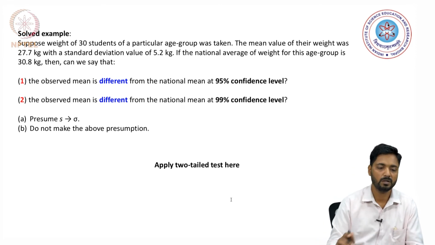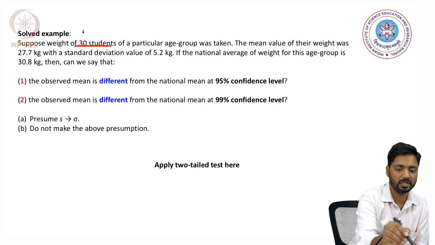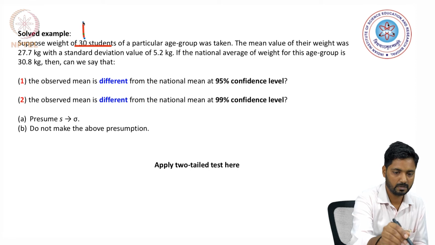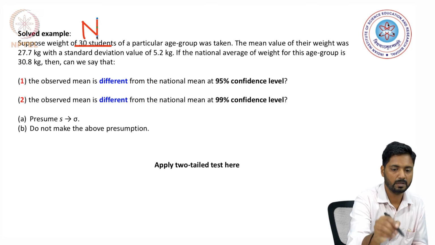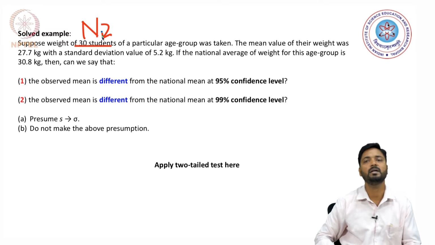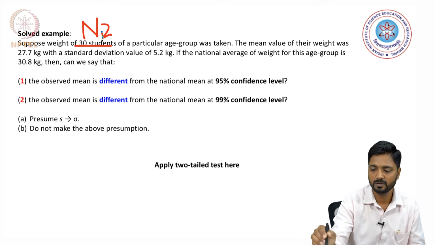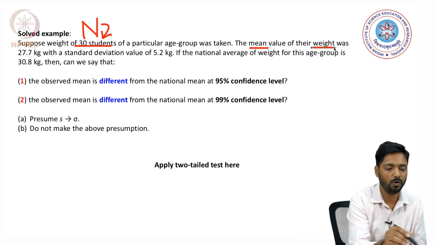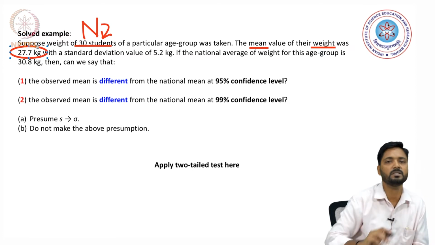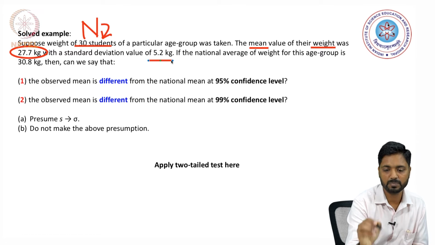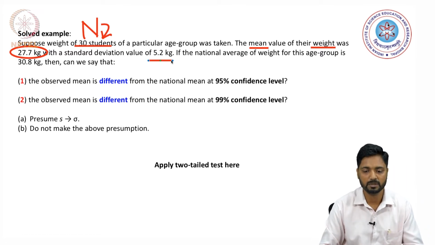Suppose we are talking about 30 students, so our n value is 30, and these students have a mean weight of 27.7 kilograms and the standard deviation for this sample is 5.2 kilograms.